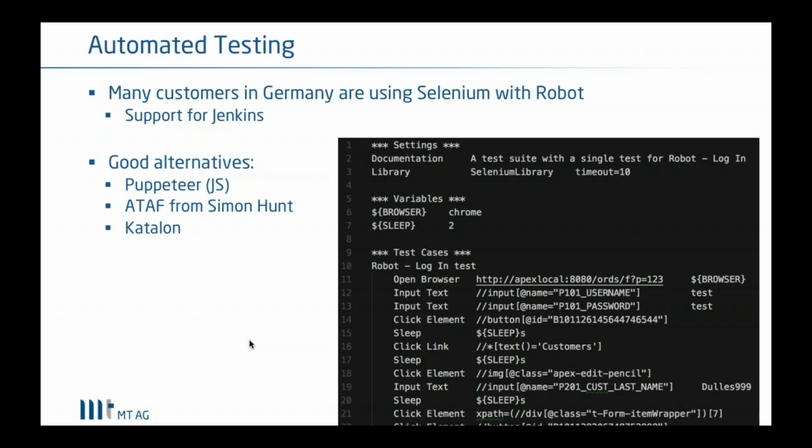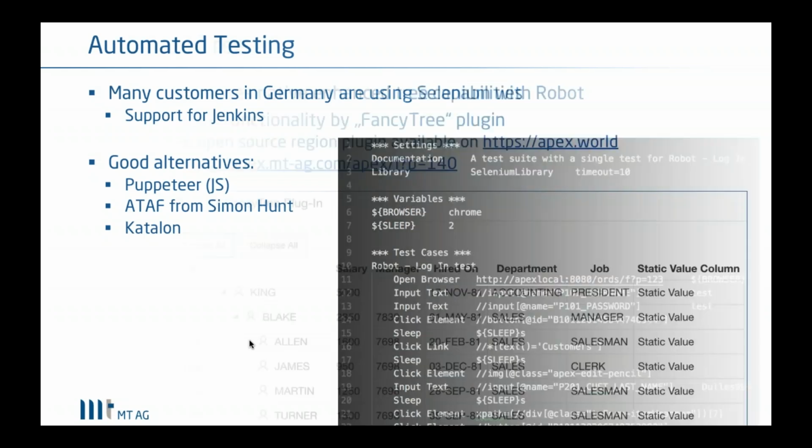So there are multiple alternatives, and we're still investigating those to see what the proper way is, because we do see that test cases built in Excel are still being used by customers. And yeah, this shouldn't be the case. Having 1,000 test cases in your Excel sheet, and then going through all of them manually after each version of Apex is something you just don't do. It costs you a lot of time.